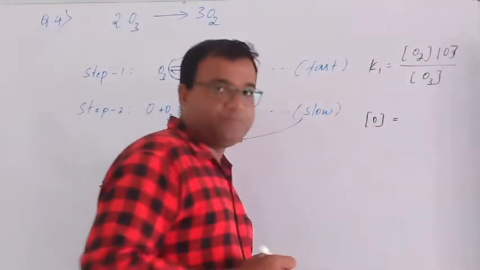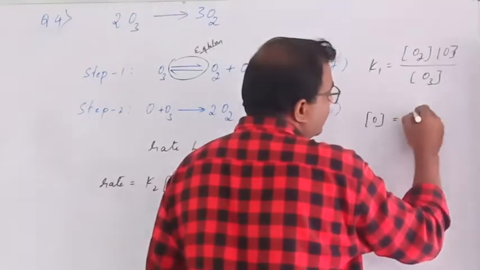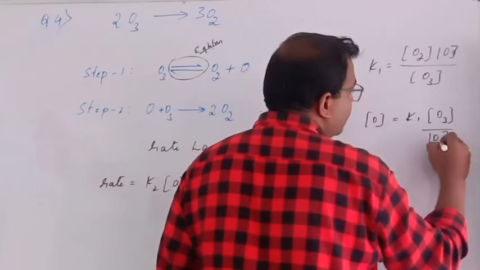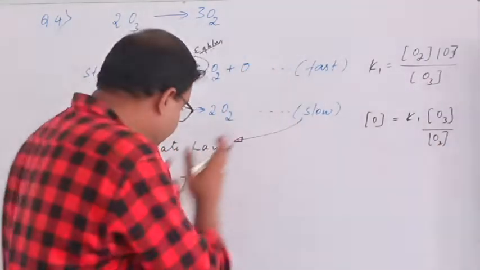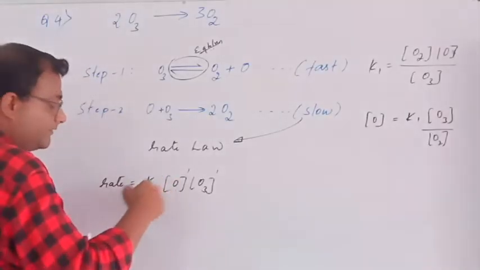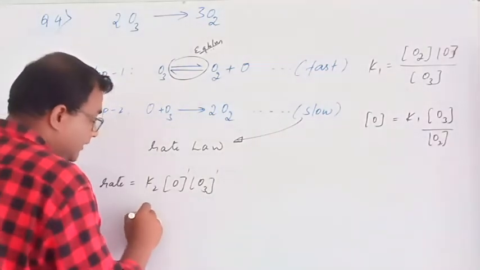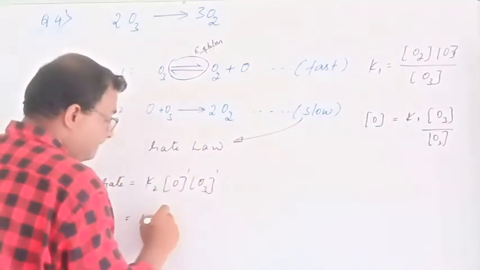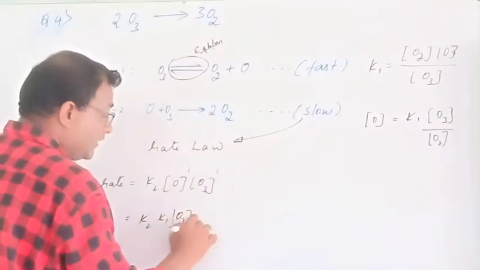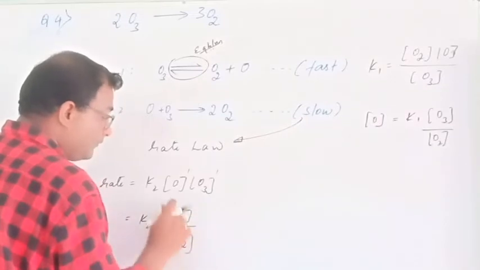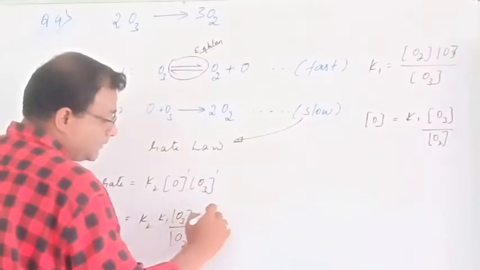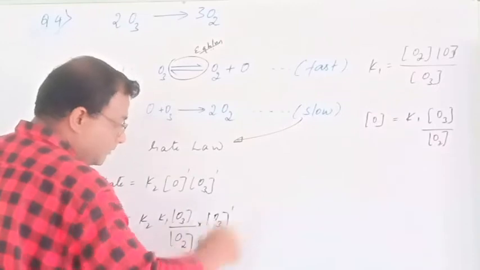And O, the nascent oxygen, is equal to K1 O3 over O2. Substitute here in this place. So we can get K2 into K1. Then instead of this, we can write O3 by O2, into O3 power 1.